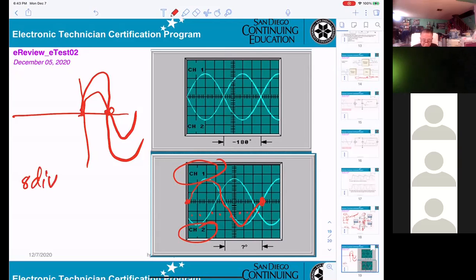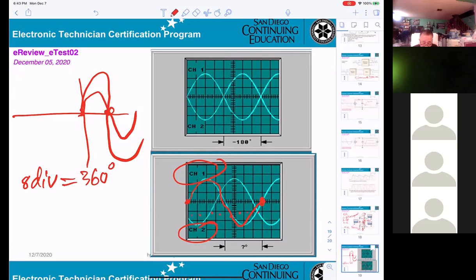You see that? For vertical, 8 divisions for one complete cycle. Can you follow that? Yes, sir. What is the equivalent in degrees? 360. 360 degrees.